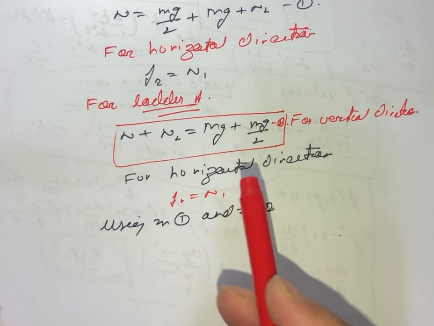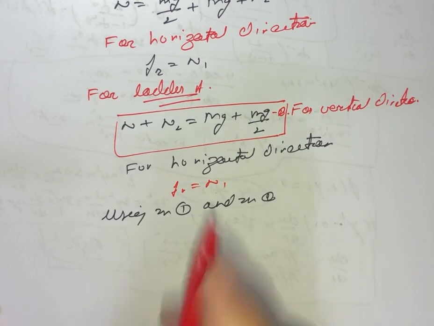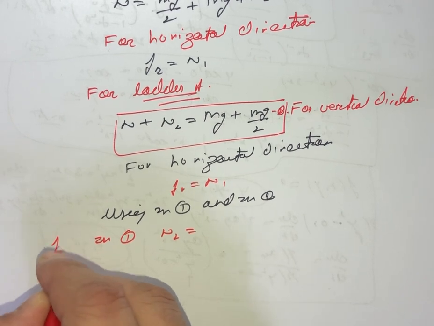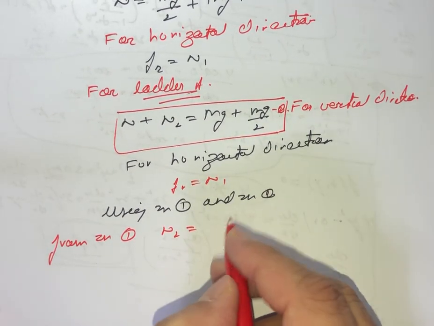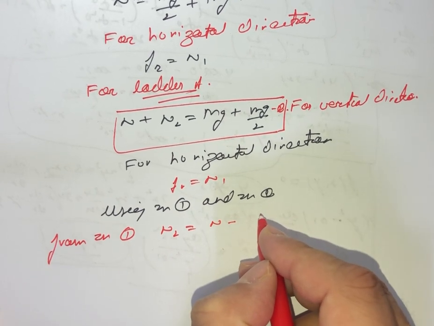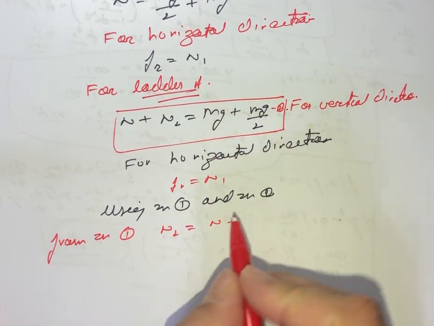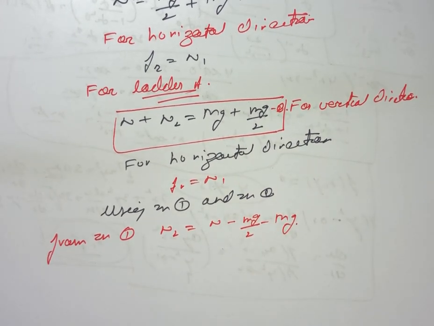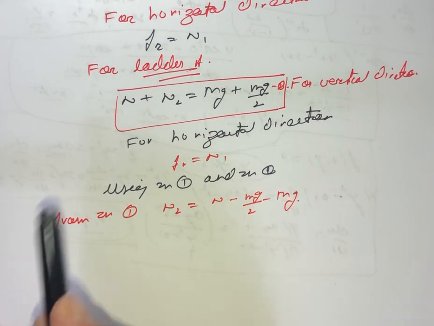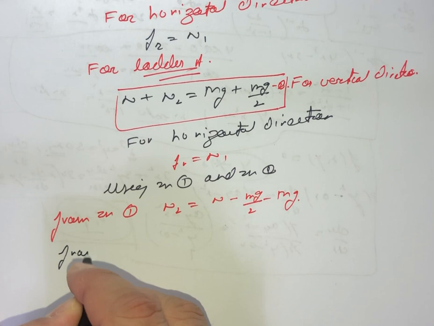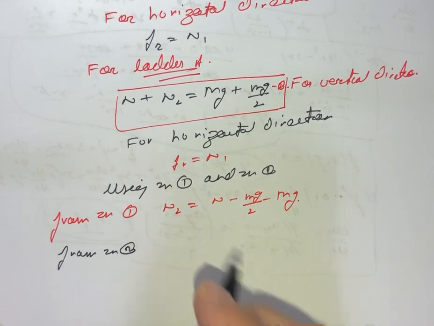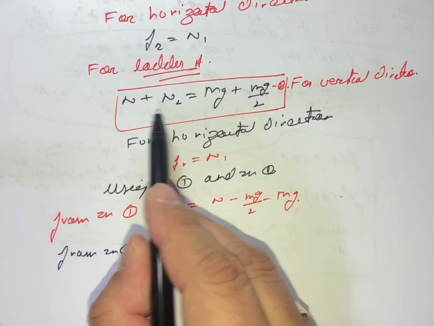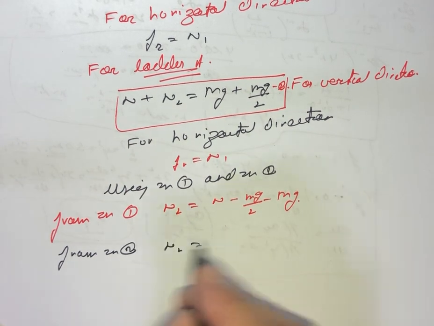From equation 1 we find out our N2, we get this as N minus mg by 2 and minus mg, and from equation 2 we get N2 is equal to mg plus mg by 2 minus n.